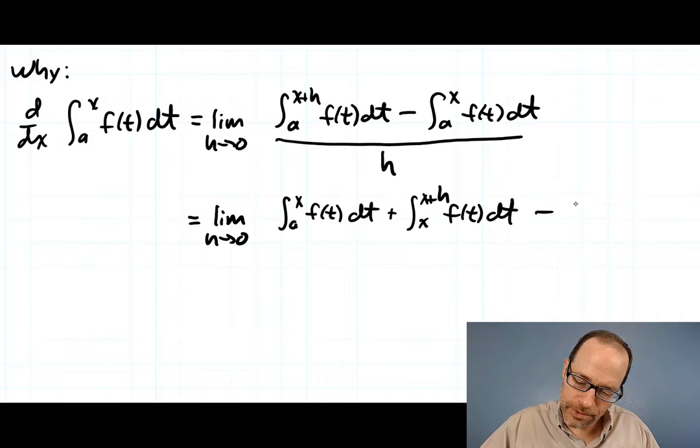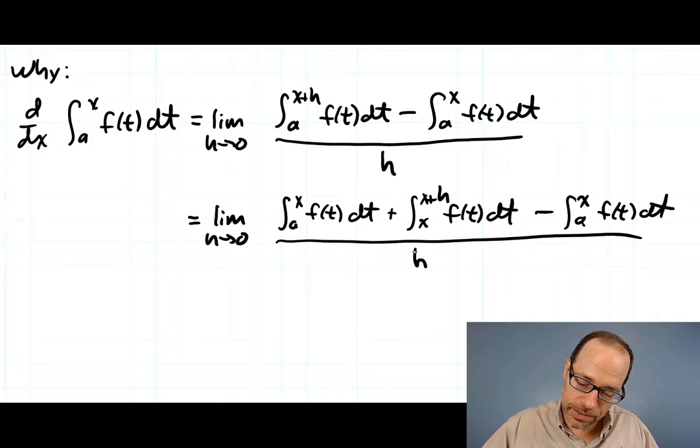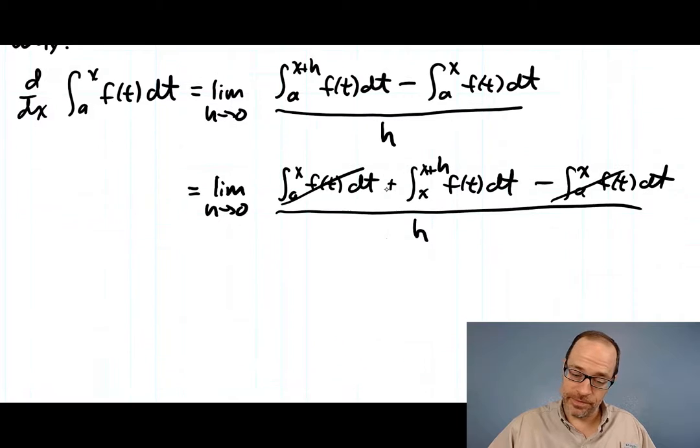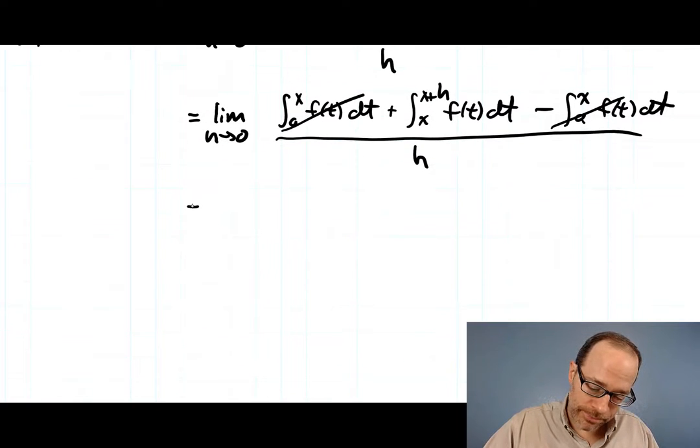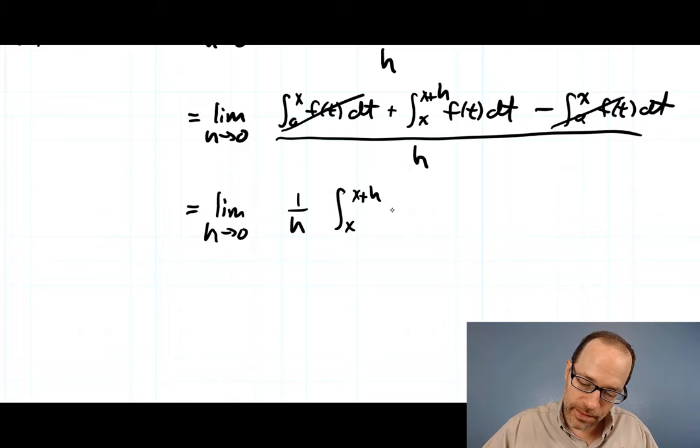We still have to subtract off the integral from a to x, f of t dt, all divided by h. And you notice this term will cancel this term. All right, so let me just recopy. So it's the limit as h goes to 0, 1 over h times the integral from x to x plus h, f of t dt.